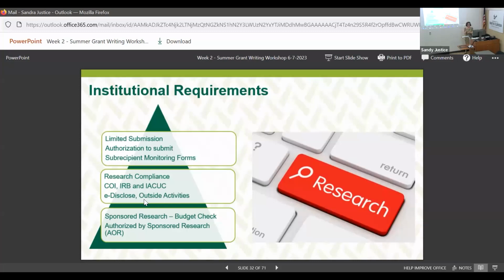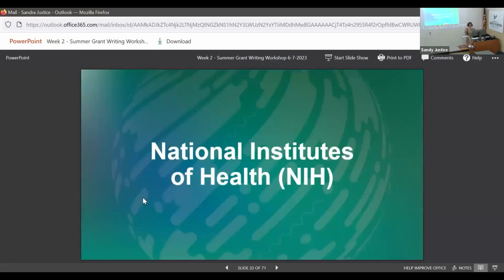It's delegated and they have one person typically saying, this is your AOR, right? So you want to make sure that you do all of the things that you need as an institution to go through sponsored research and give that information in a timely way so that they can review your documents and submit it for consideration.